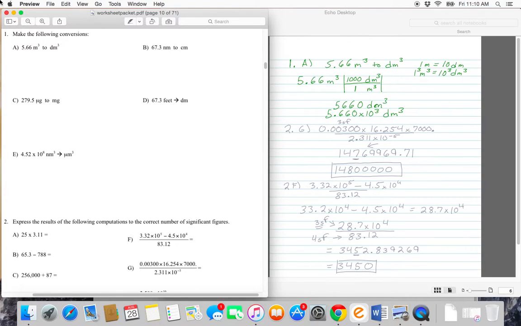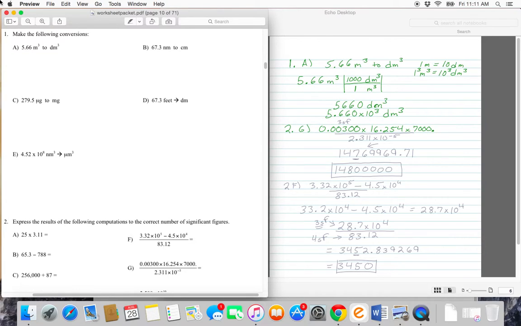All right, now let's look down a little bit further and let's look at 2. Expressing the results of the following computations to the correct number of significant figures. And let's do 2G. Let's write down the problem. We have 0.00300 times 16.254 times 7,000.